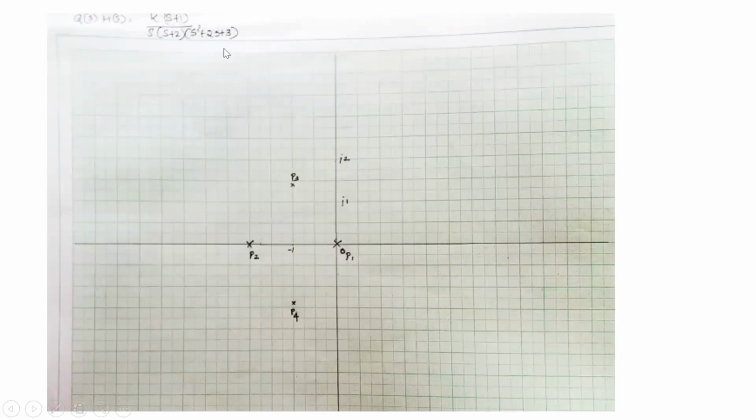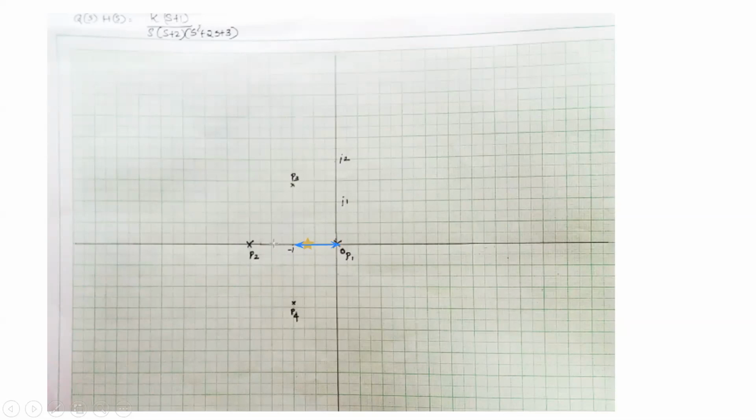If I consider a test point somewhere here, to the right of this test point, the number of poles plus zeros should be odd. Is it odd? We have only one pole, so it is odd. So this becomes the part of root locus, that is from 0 to -1. This part of the real axis, from here to here, is the part of root locus.